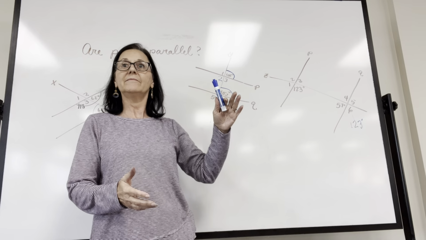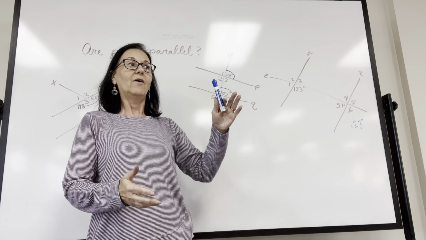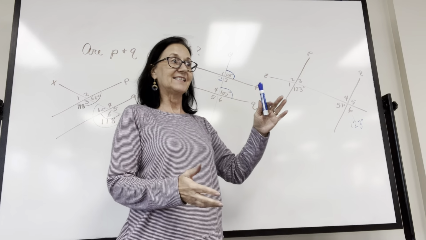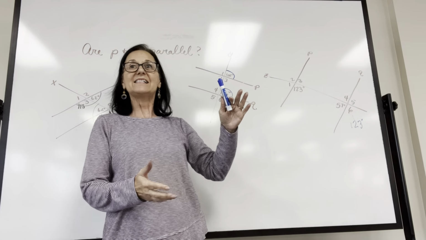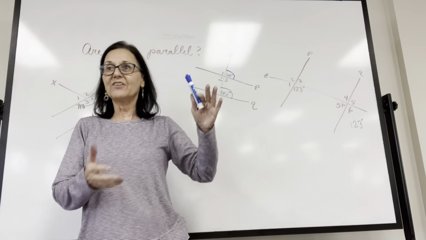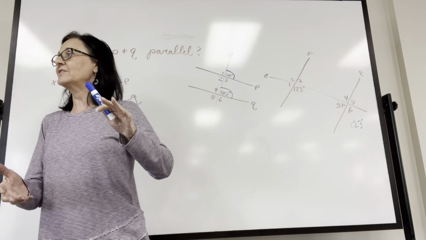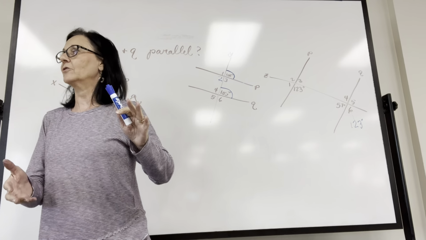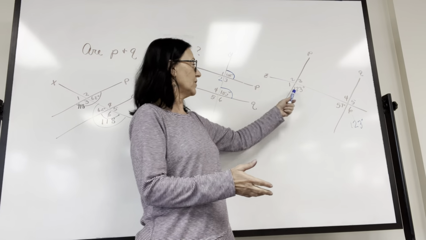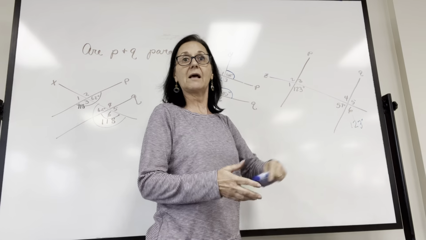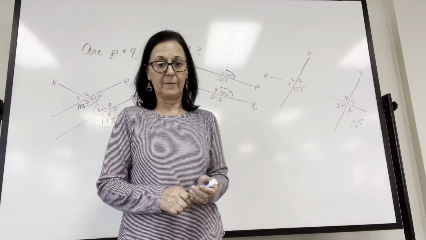Yes, they're on the same side of the transversal. What did I say? All the S's are supplementary. Interior, same side of the transversal are supplementary. All the S's go together. Got it? Interior, same side of the transversal must be supplementary. And yes, those lines are parallel.